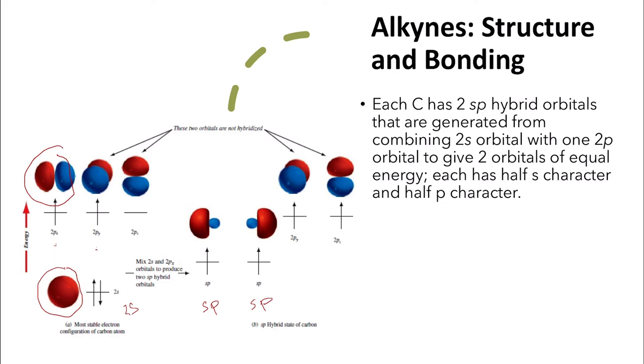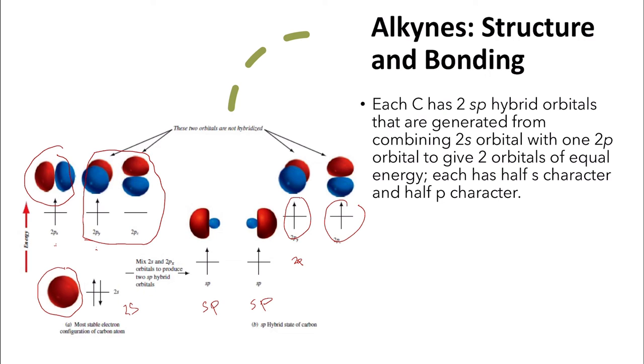The sp orbitals will each have one electron, leaving the other two p orbitals unhybridized. They are still called 2p orbitals, and each has one electron as well. So the carbon in the alkyne is sp hybridized, with two sp hybridized orbitals and two p orbitals which are not hybridized.